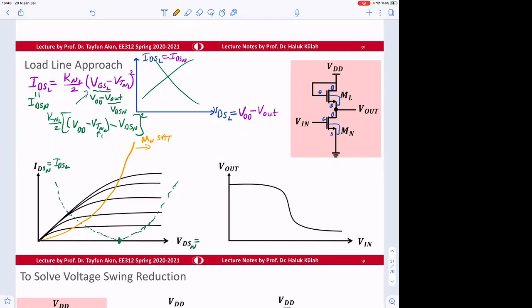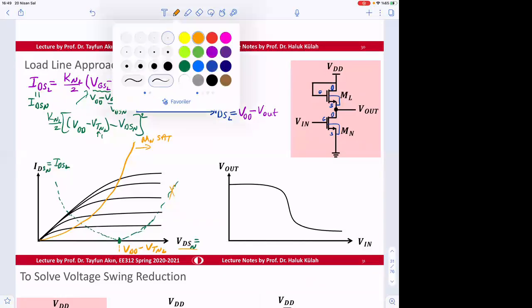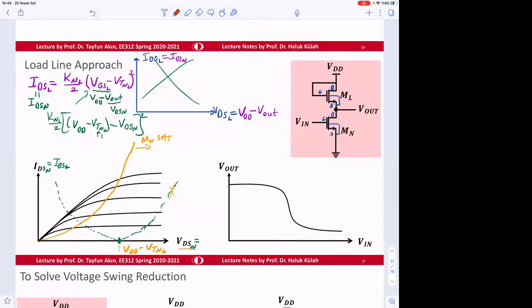Of course, we will not be using this side because that goes beyond the voltages, because the maximum of VDS of N is equal to what? VDD minus V threshold of NL. So our load line is going to be this.